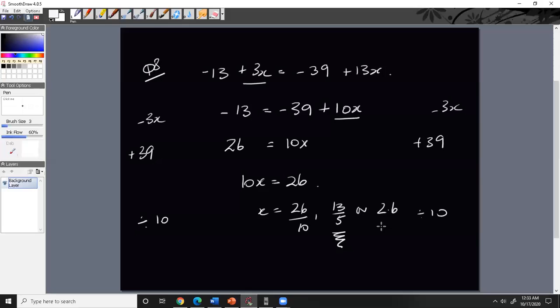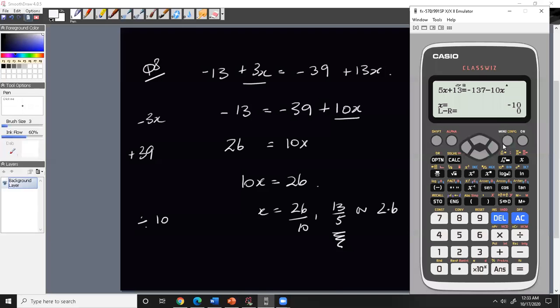But as I said before, you do not have to write things as decimals, which is something that people seem to tend to think that they have to do. Okay, again, check it with your calculator. So the final one, using the sign change key for your minus 13, not the subtraction key, plus 3x is equal to minus 39 using the sign change key, plus 13x.